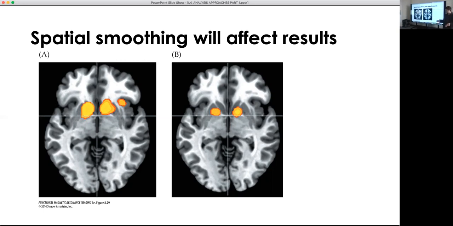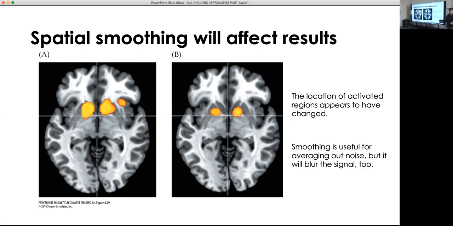The motivation for smoothing is that fMRI is noisy, and random uncorrelated noise will tend to average out when you average multiple voxels together. Random noise that might be up or down from voxel to voxel will tend to cancel out. That's good, except that when you smooth, you're smoothing the underlying signal also.